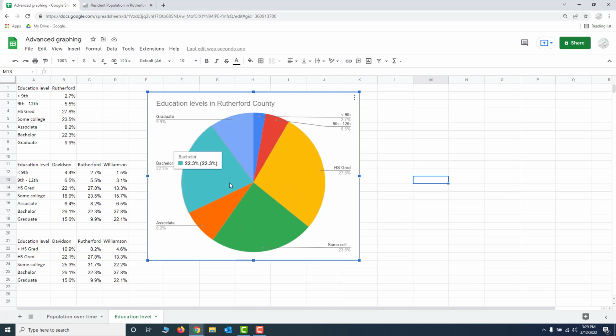If you look at the labels, it's easy enough to see that this is the biggest one, 27.8%. And here's 23%, so that's the second biggest, and here's 22%. But it's hard to compare these different areas. And that's one problem with a pie chart.